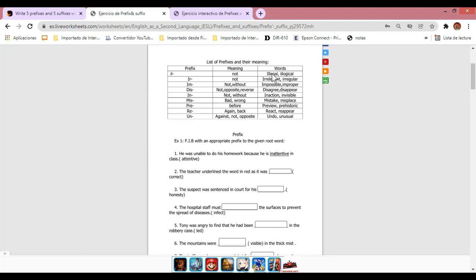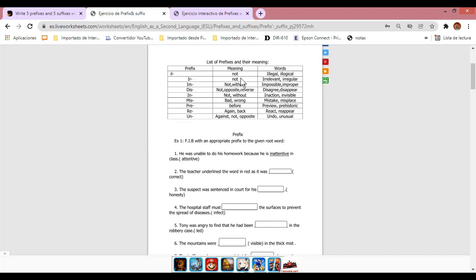Word, for example, legal: when we use ill, it becomes illegal, something that you don't have to do. Illogical, something that is not logical, that doesn't make sense.